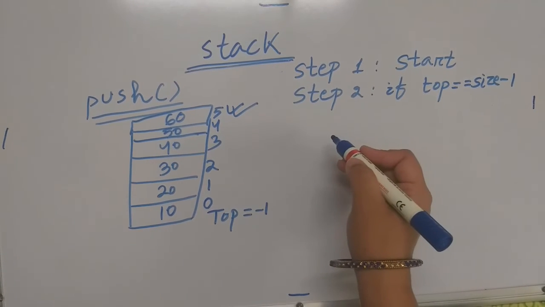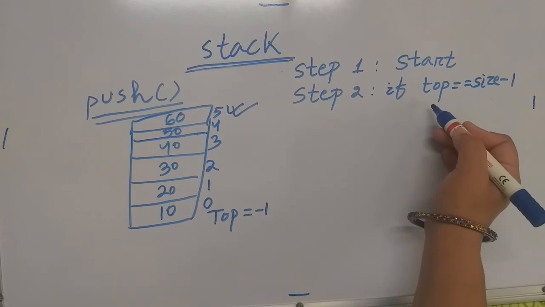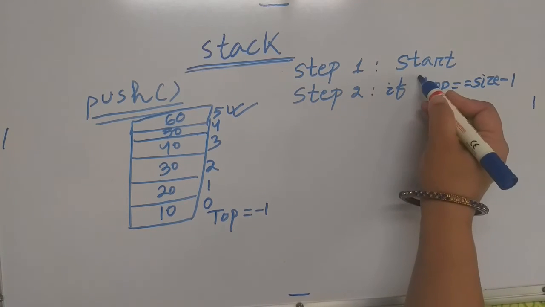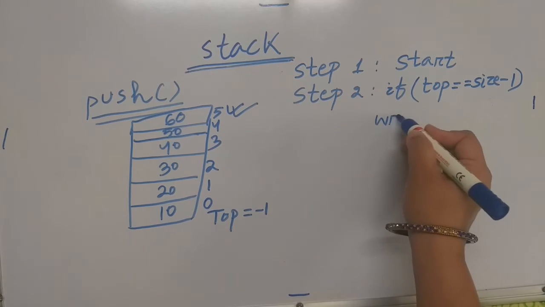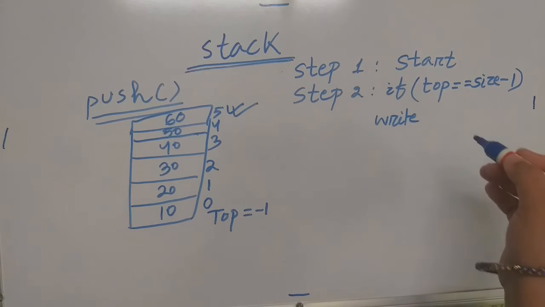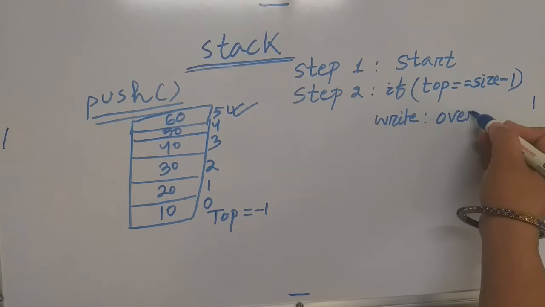You write down this. Then if top is equal to this, then write overflow, or stack is overflow.